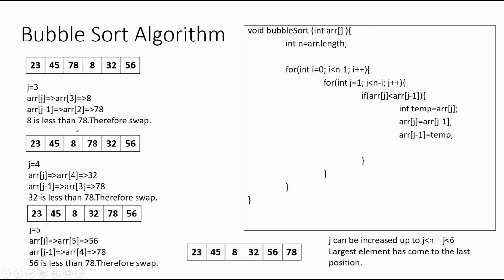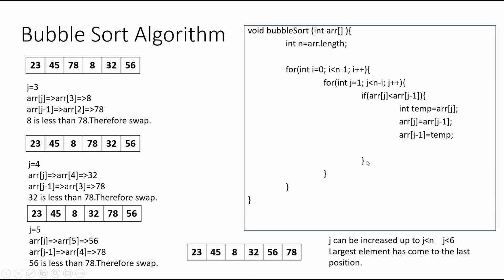Of course 8 is less than 78. So this code part will execute. Therefore 8 and 78 will be swapped. It will be updated like this: 8 comes here and 78 comes here.